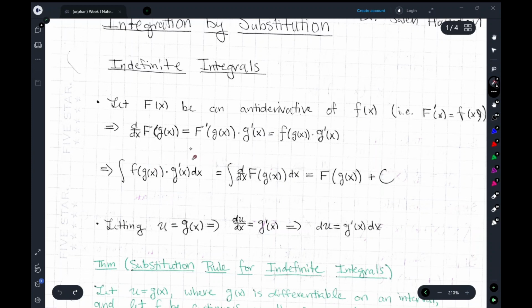Okay? Here we'll take the derivative of the outside function, and since we took the derivative of the outside function, we have to multiply that by the derivative of the inside function by the chain rule. And since the derivative of capital F is lowercase f, we end up with this expression at the end. Okay?